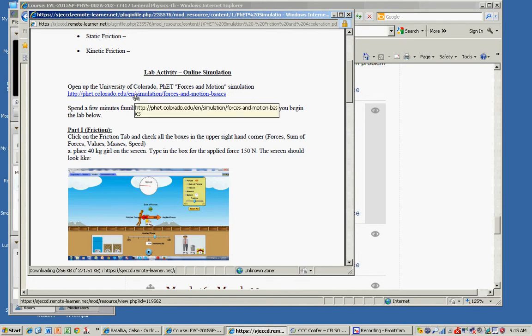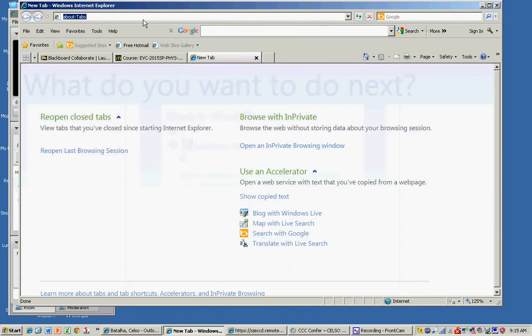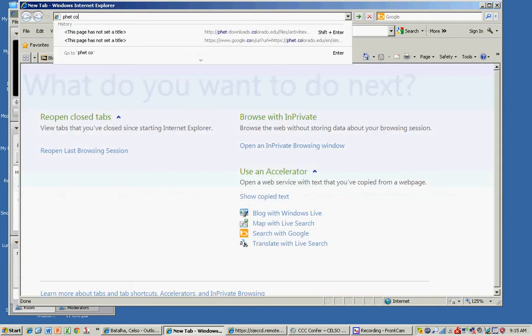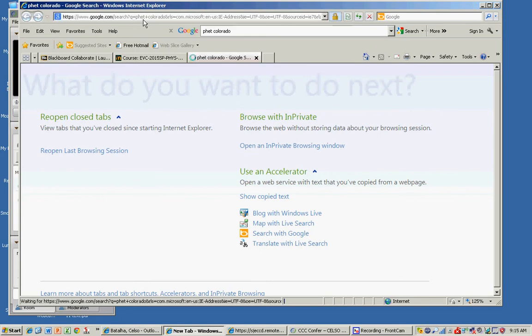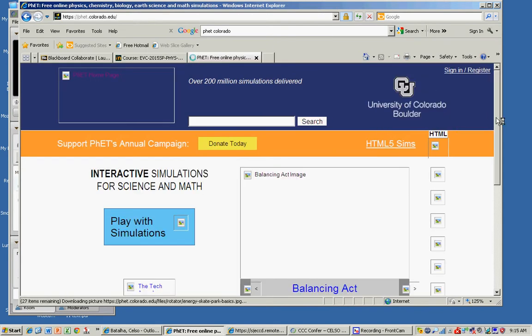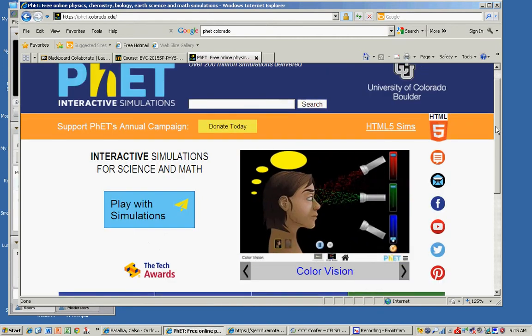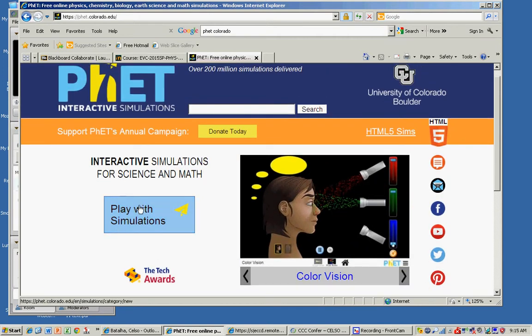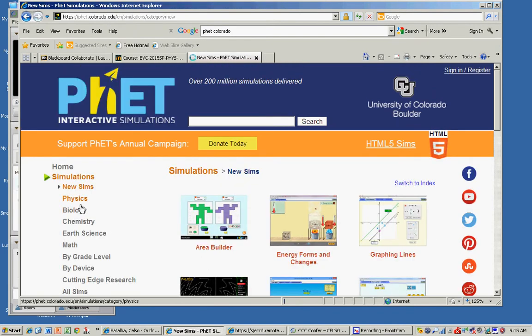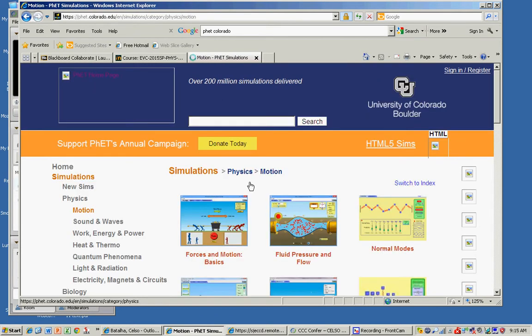If you click on this link, it should take you to PhET Colorado. Otherwise, if you Google PhET Colorado, you will easily find their web page, and then you play with simulations, find physics, find motion.